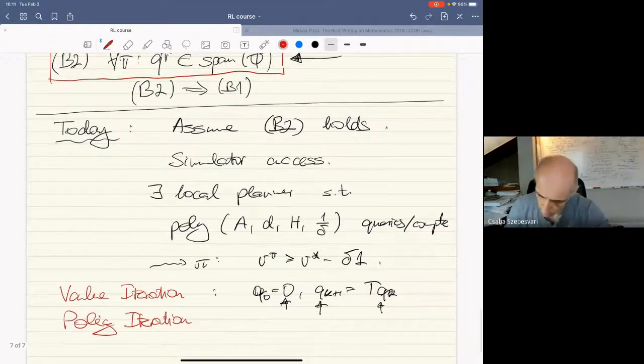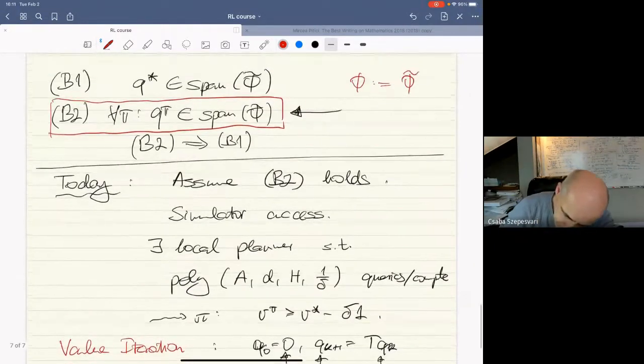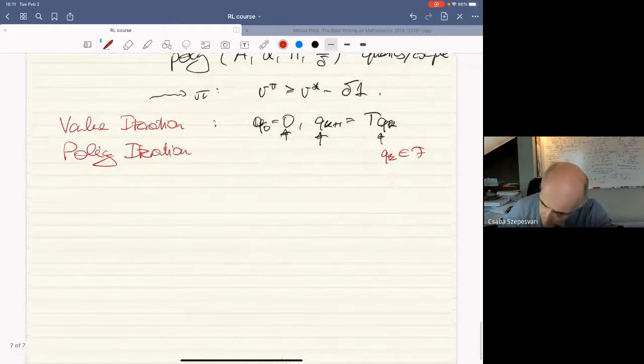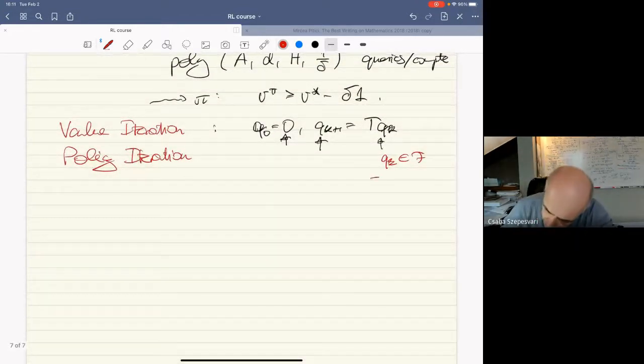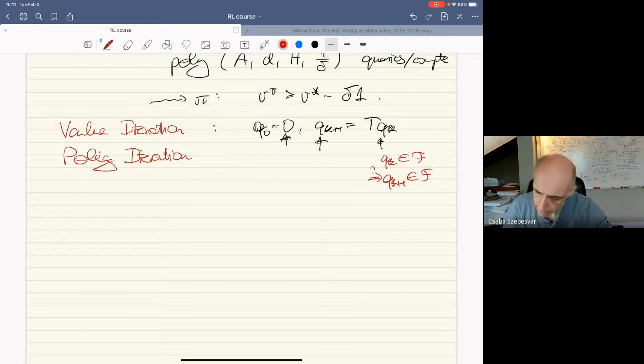So if you want to conclude that from Qk in F, let F be the span from now on, right? So this function space. So if Qk is compressible, and from this we want to conclude that Qk plus 1 can be also compressed, and then we just compute the coefficient in some way, we don't know how. And it should hold because we have no control about what Qk is going to be.